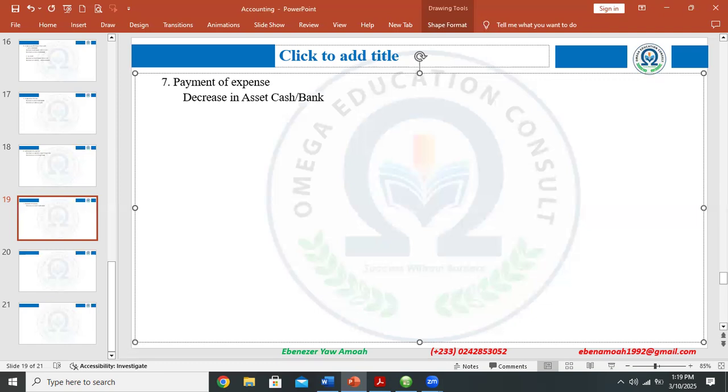Okay. And the corresponding effect will be a decrease in capital. Because as I told you, expenses and income affect capital. So anytime you have a transaction that has expense or income, then the effect goes to capital.